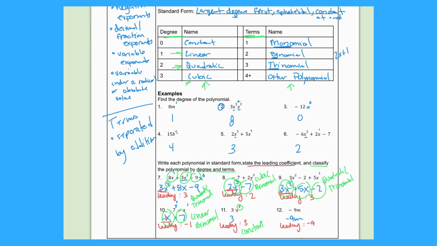And because there's just that single term, it's a monomial. So a constant monomial. Number 12, the m has a hidden 1 on it. So 1 was linear. And because it's just one single term, it's a monomial. So linear monomial. So definitely practice those vocabulary words, and we'll be practicing in class as well.